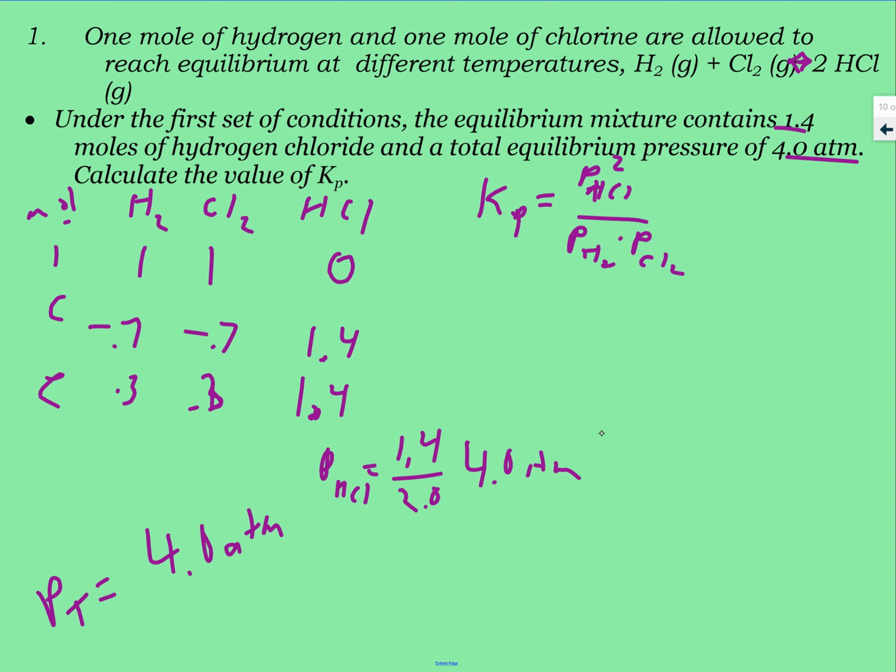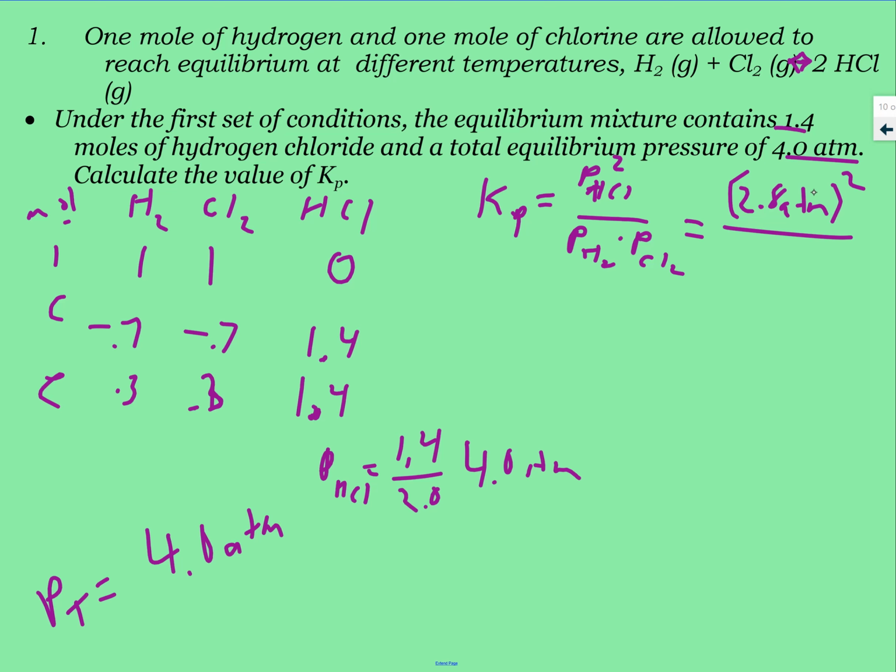So 0.7 times 4 is going to be 2.8 atmospheres. Once again, the units in the Kp don't matter as long as they're all the same, because Kp is unitless.